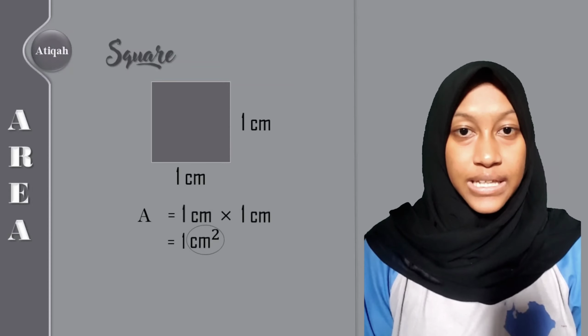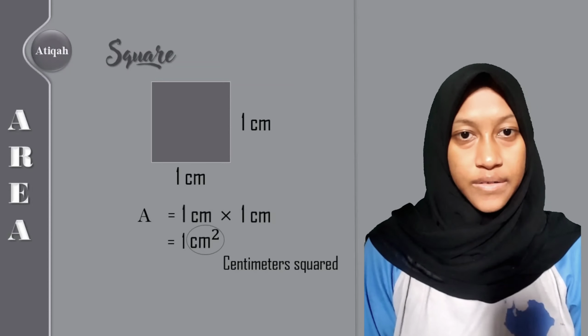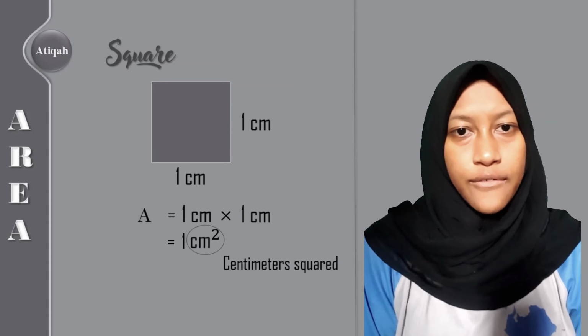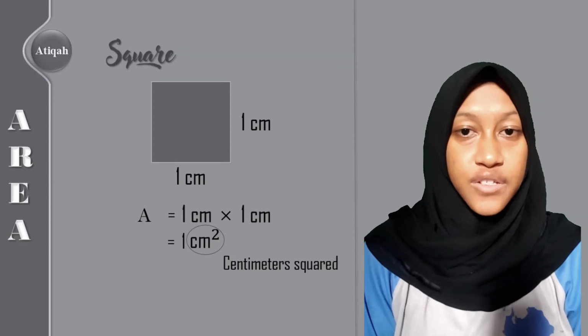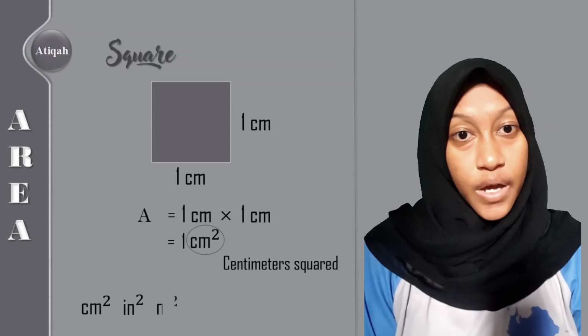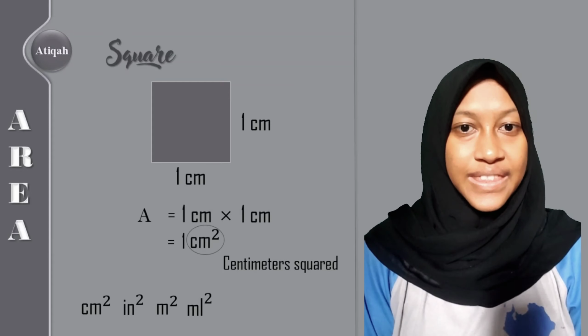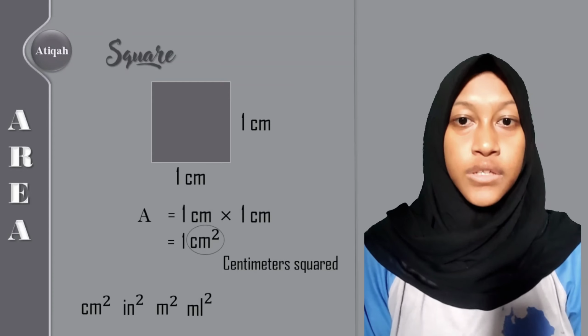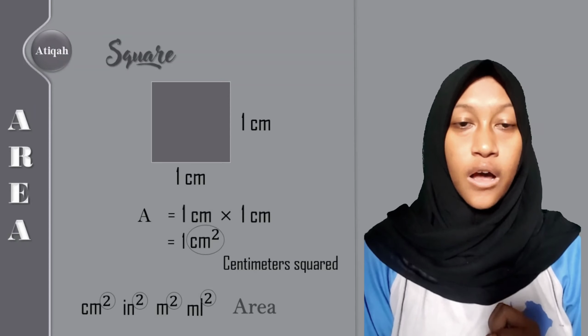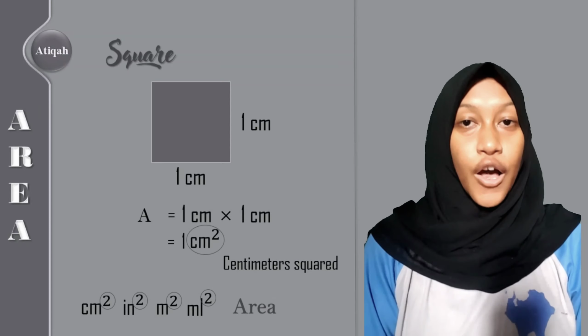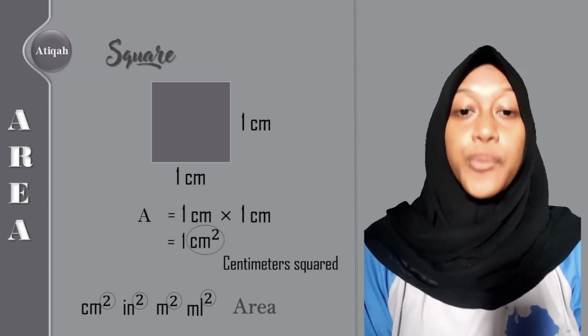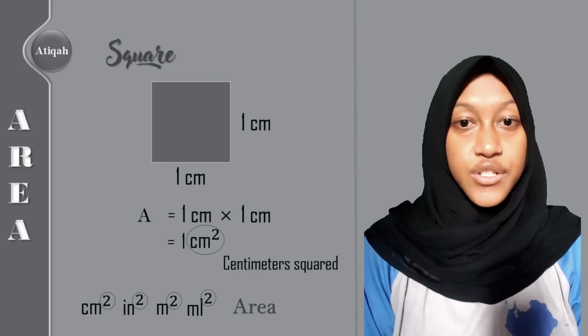We read this as centimeter squared. So whenever you see units like centimeter squared or inch squared or meter squared, you know it's a measurement of the two-dimensional quantity of area. Okay, our formula works for our square.